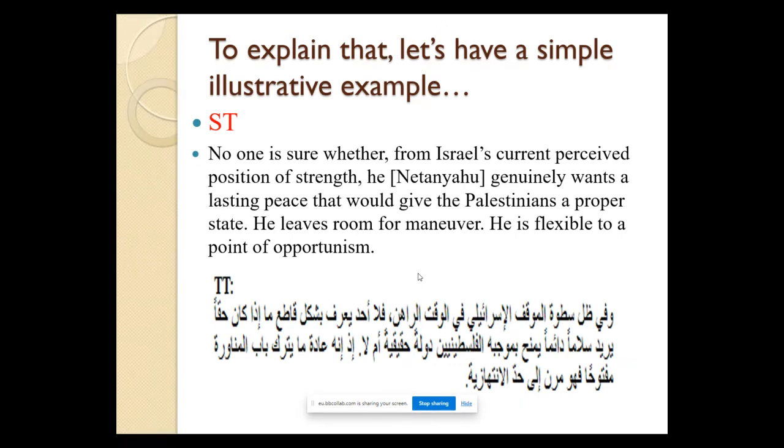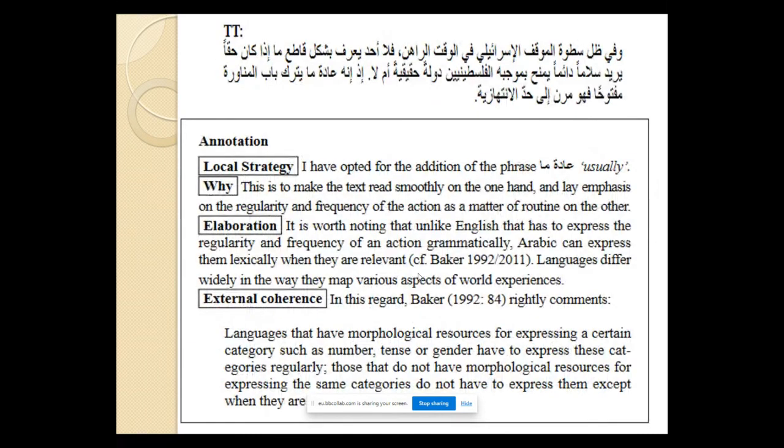Now, if you want to comment on this, being the target text, I kept the translation again, and I added the annotation. The local strategy: I have opted for the addition of the phrase عادة ما, which is "usually."